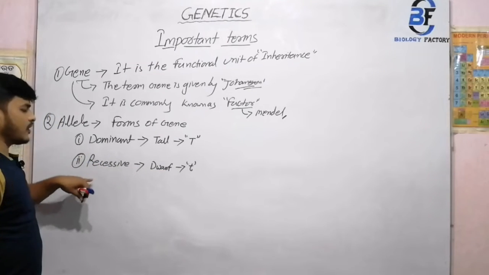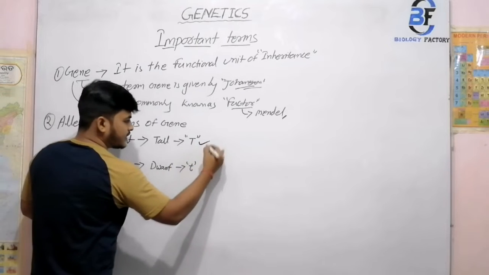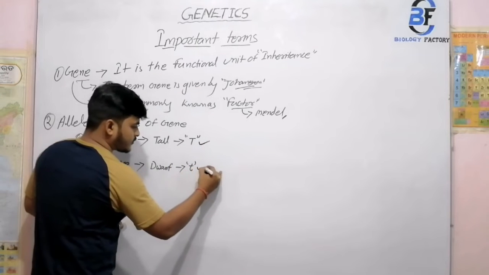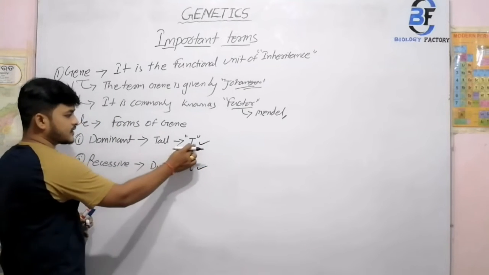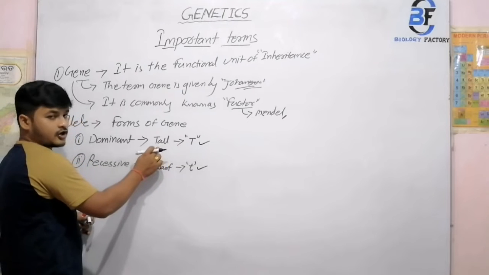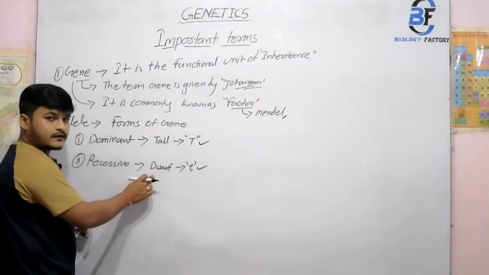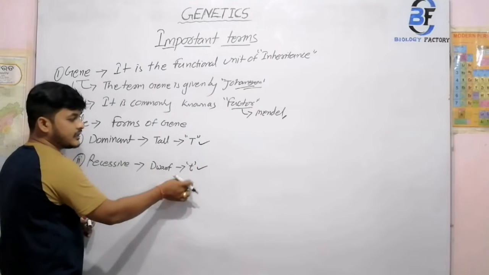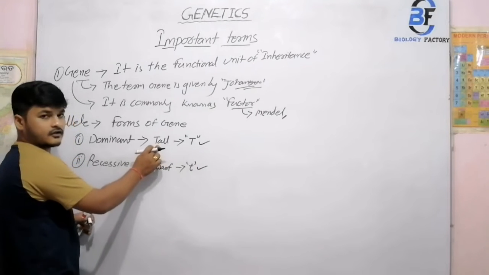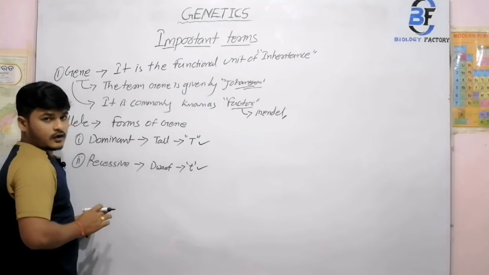So capital T is a form of gene and small t is also a form of gene. Capital T represents the tallness of the plant and small t represents the dwarfness of the plant. These are the alleles which represent the character, that means the tallness and the dwarfness.